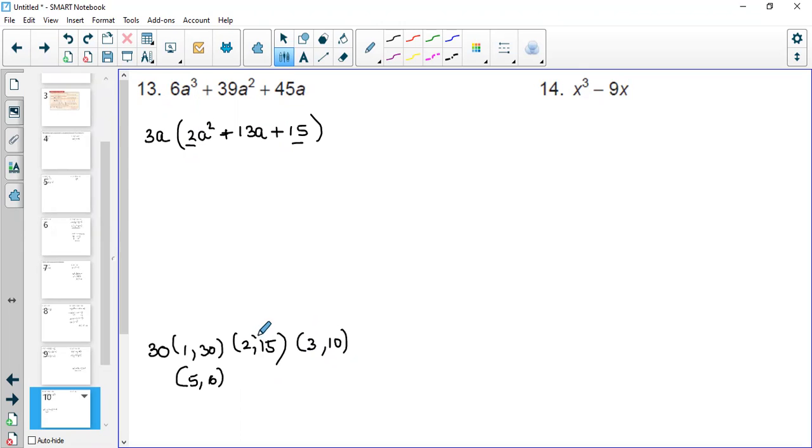Now if I would subtract, I would get 15 minus 2 is 13. But here all of them are positive, so definitely I need to get two positive numbers as well. So that means I could rewrite this as, because it's a, it doesn't say x, a plus 3 and a plus 10.